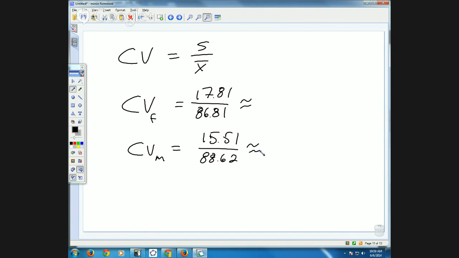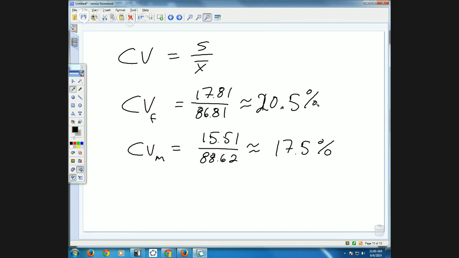So 3 decimal places as a percent. So it's 17.5. Male, 17.5. And females, what is it? 20.5. Yeah. So based on they have different centers, the female still has a bigger spread.